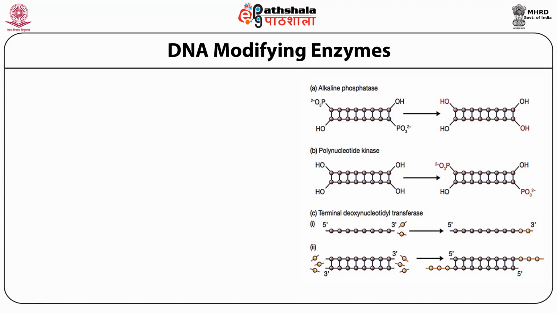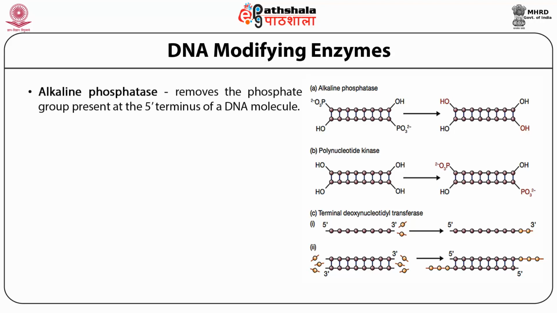They are also extremely important. For example, these are also called DNA modifying enzymes, which include, first, alkaline phosphatase. This enzyme removes the phosphate group present at 5' terminus of the DNA molecule, as shown in the first row of the picture on the right side.